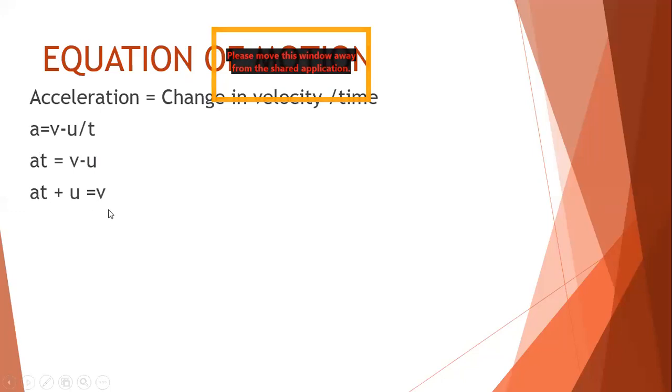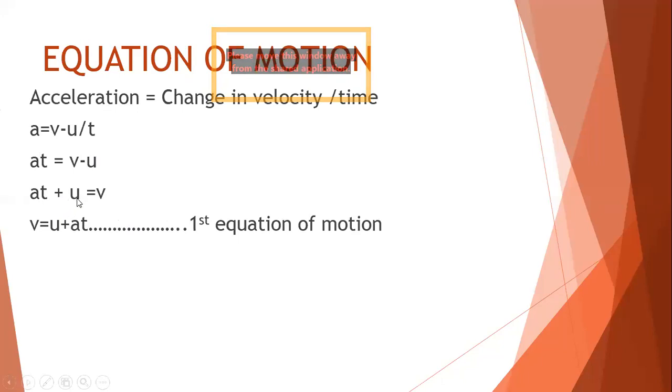We can write this as v is equal to u plus at. This is our first equation of motion. The first equation of motion is v is equal to u plus at.